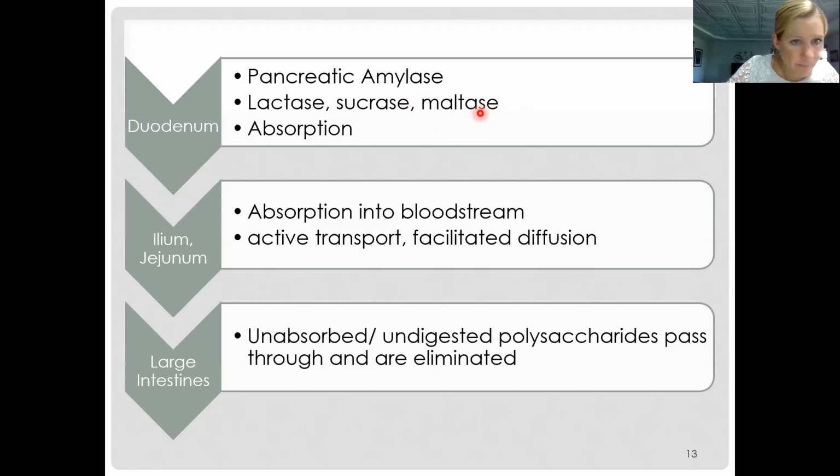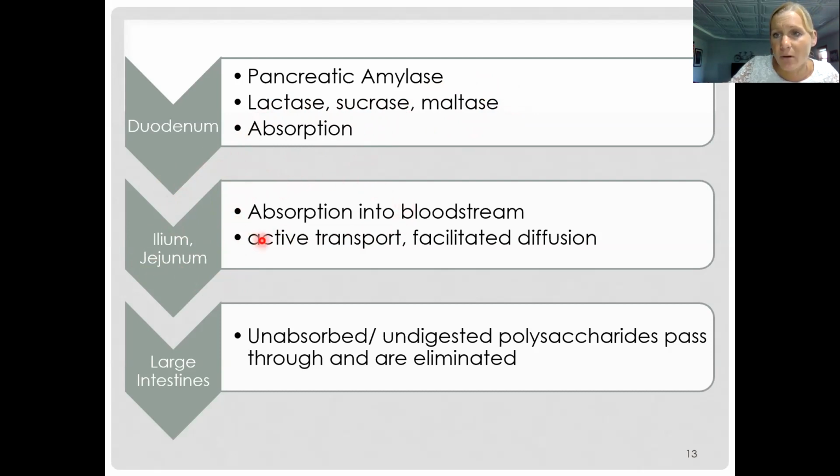Okay. Let's see, what else do I want to tell you? In order for the carbohydrates to be absorbed, they need to be in the form of a monosaccharide. Okay. Within the ileum and jejunum, we'll also see absorption occurring.